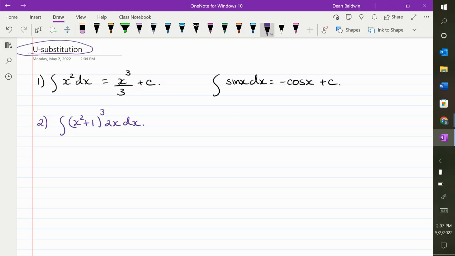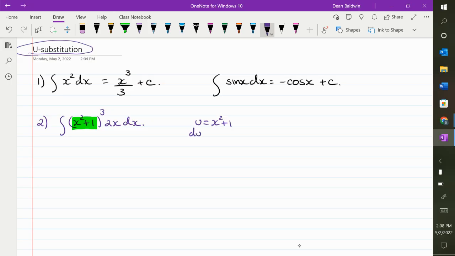But initially, whatever's in brackets here, that 99% of the time is going to be what u represents. So we say u is equal to what's in brackets, x squared plus 1. Then you take the derivative of u.